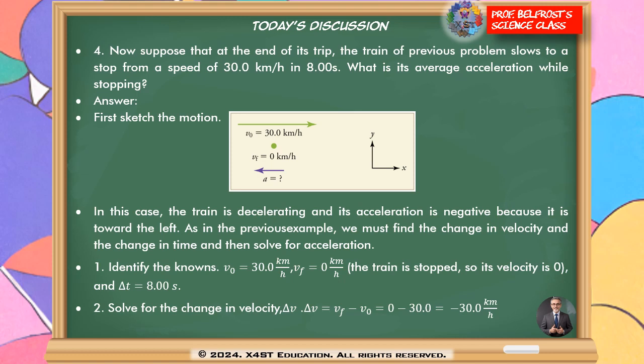Number four: now suppose that at the end of the train trip of the previous problem, it slows to a stop from a speed of 30 kilometers per hour in just 8 seconds. What is the average acceleration? Again we need to sketch. After that, identify the knowns and solve for the change in velocity, which is minus 30 kilometers per hour.